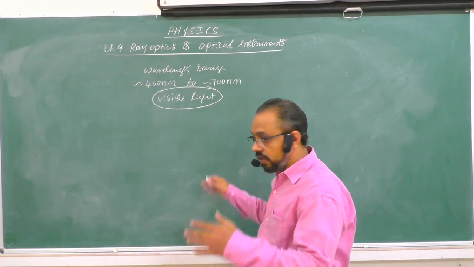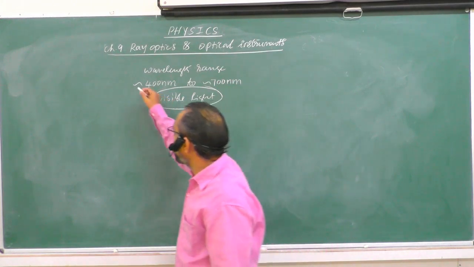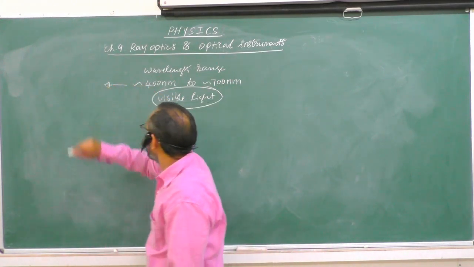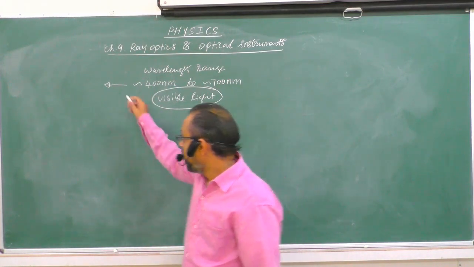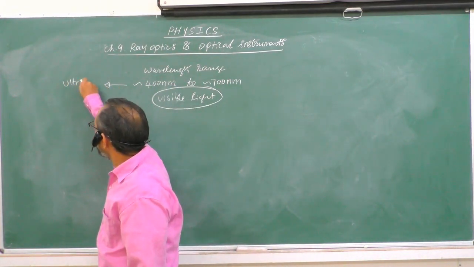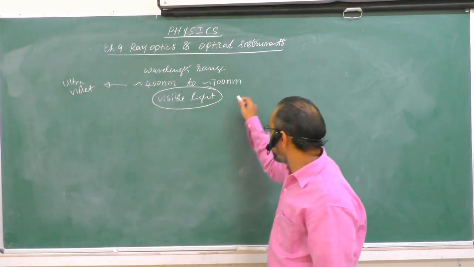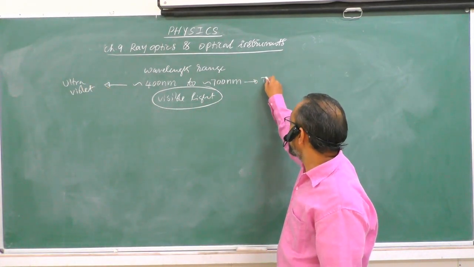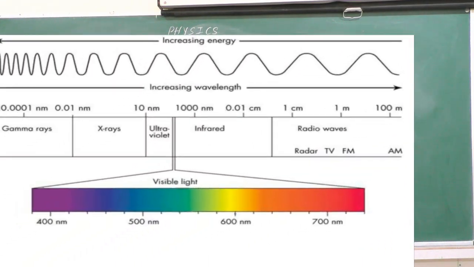Obviously, in the electromagnetic spectrum, the waves below 400 nanometer we call ultraviolet, and beyond 700 nanometer they are infrared and some others.